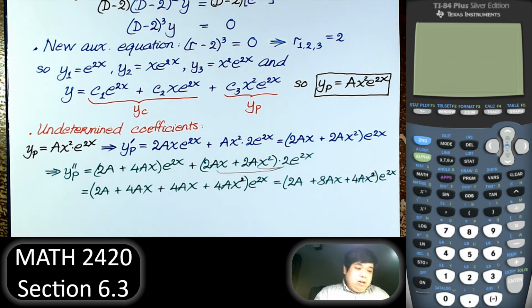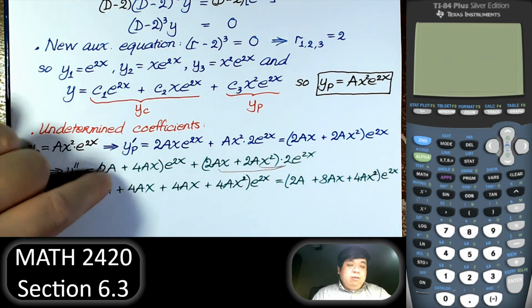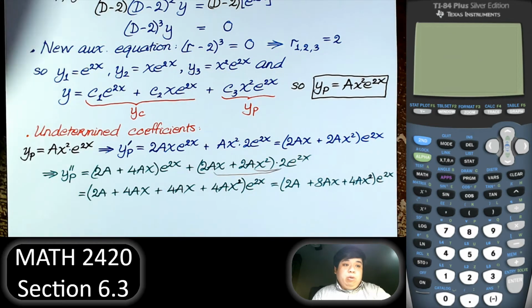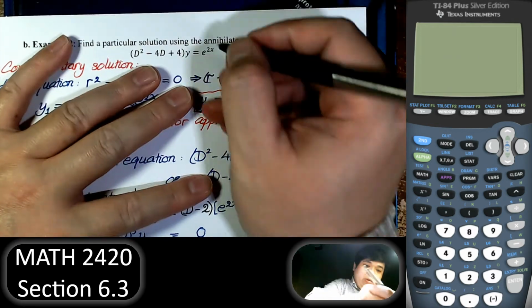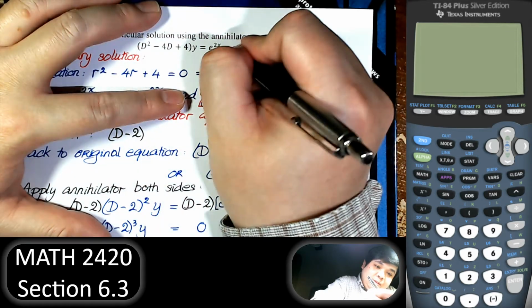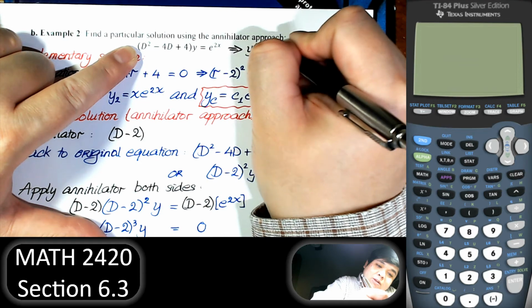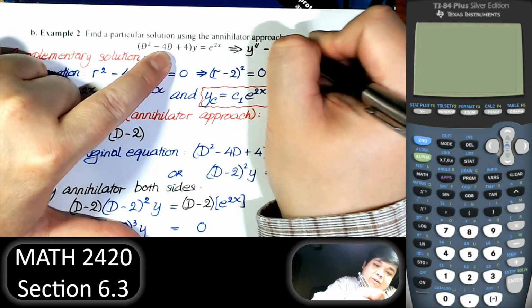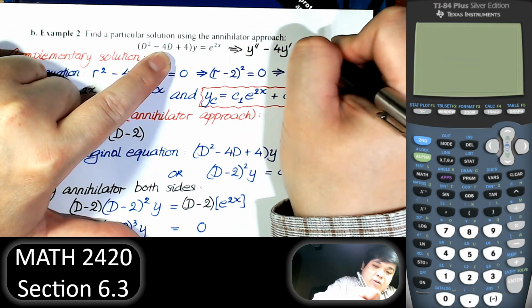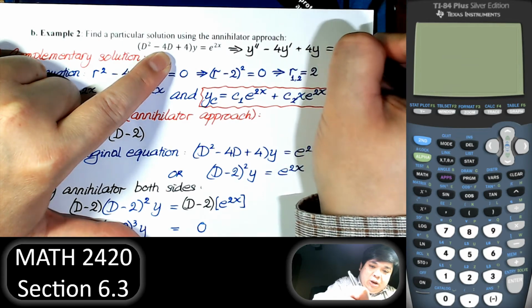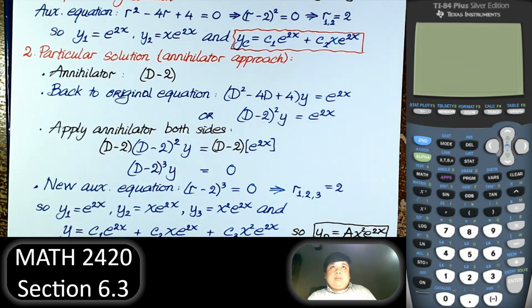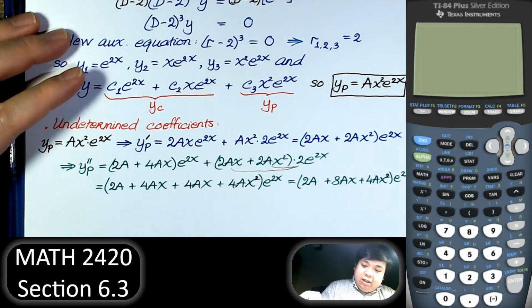So we have the function, first derivative, and second derivative. Now substitute into the original equation. Let's just rewrite this original equation: the second derivative minus 4 times the derivative plus 4 times the function equal to e to the 2x. So substitute into all of that.